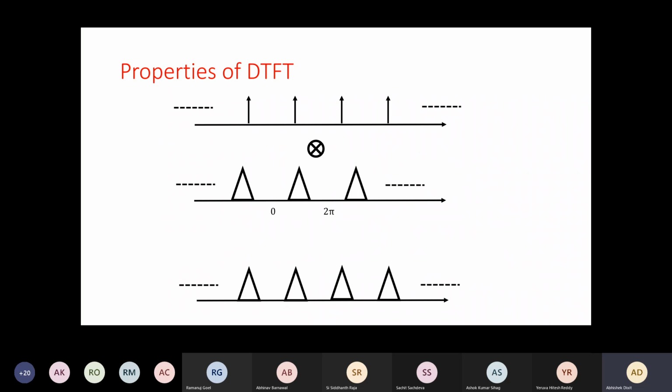Suppose I have two periodic signals and I have to do periodic convolution. This is normally the sign that is used for periodic convolution. What is the trick that I can play? This is a periodic signal, but I remove the signal here, so I made this signal aperiodic.